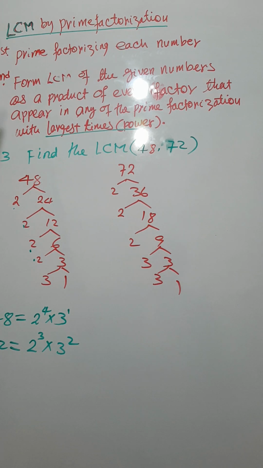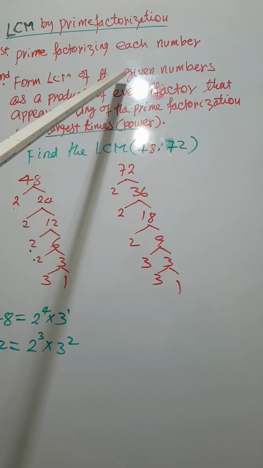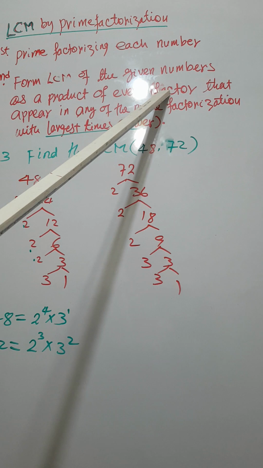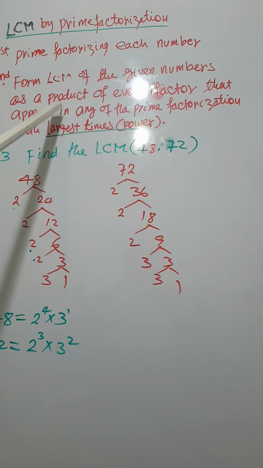Let's go back to the second step. The second step says form the LCM of the given numbers as a product of every factor that appears in any of the prime factorizations with the largest times or power.